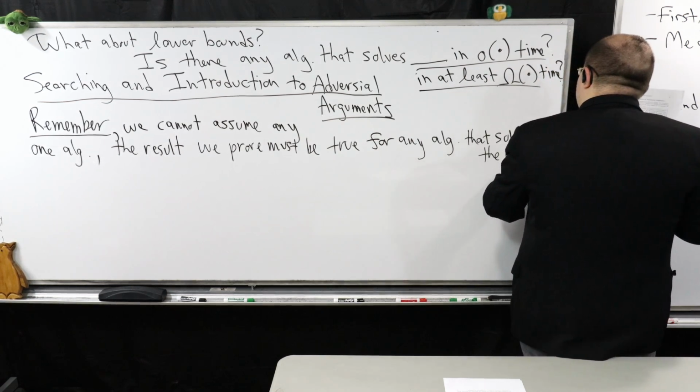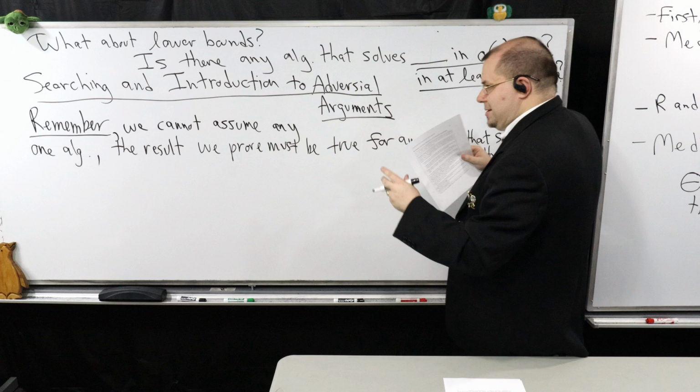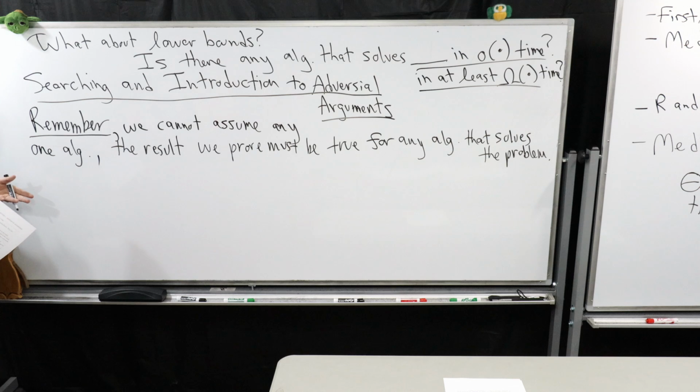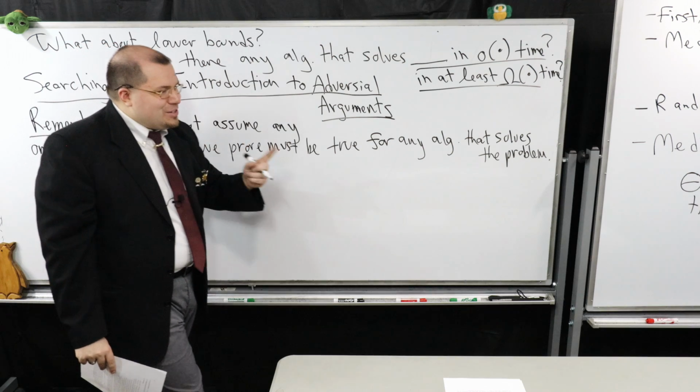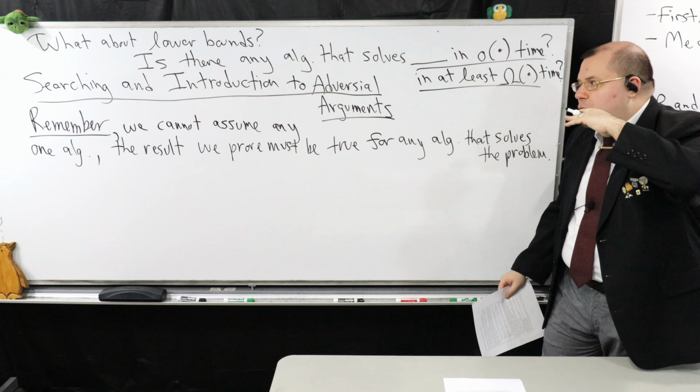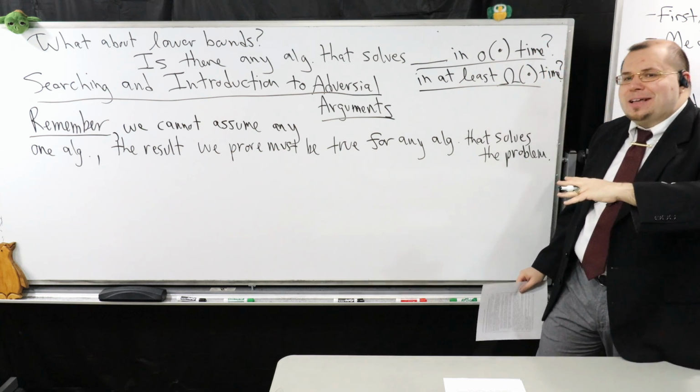That's the common pitfall that students often run into: you try to establish a lower bound, but you start assuming that there is a certain algorithm, and that's what you don't want to do. Remember, we're trying to establish how many operations are required at least to solve the problem.